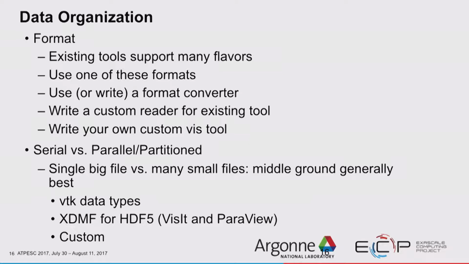Or you could write your own custom viz tool. If you have a format for your data that's optimized for the way you're doing your simulation and optimized the I/O performance to write to disk a particular way, you could then use your own codes to load that data back into a visualization application, either by creating a plugin for one of the existing tools or writing your own tool.